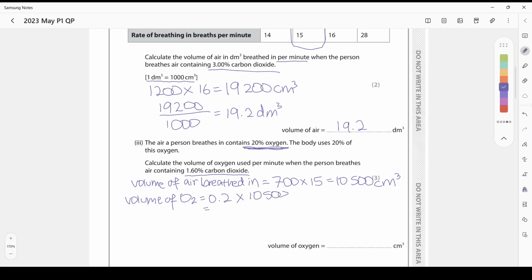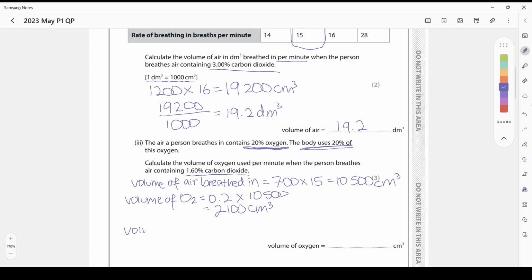And what would that be? 0.2 times 10,500. That would be 2,100 cm cubed.